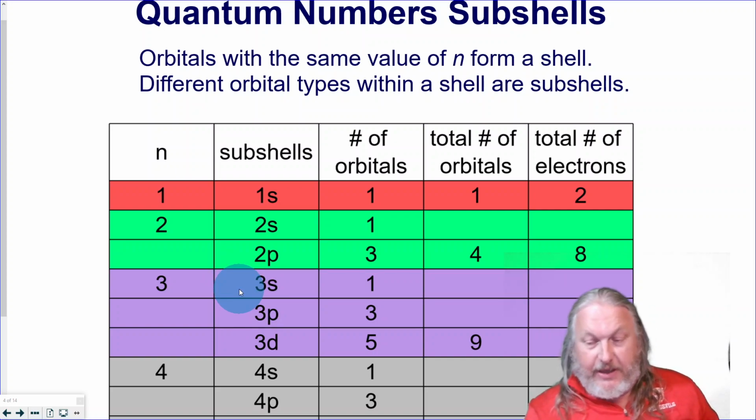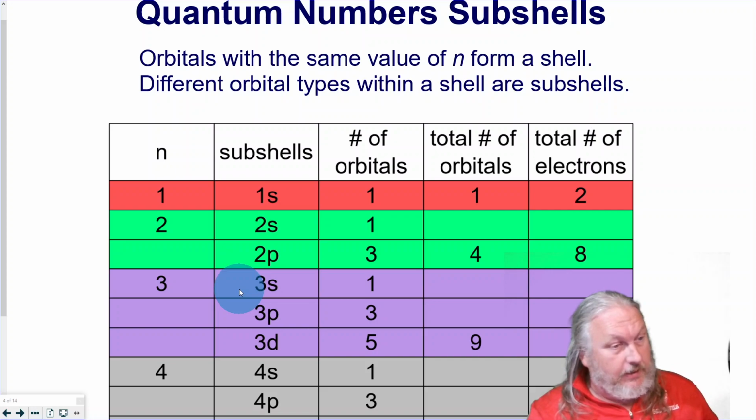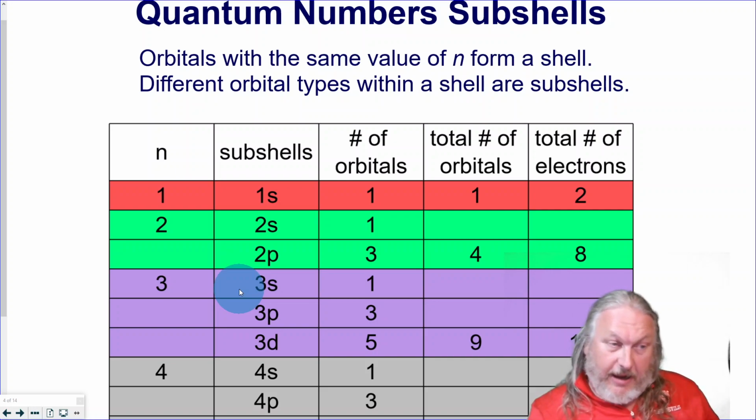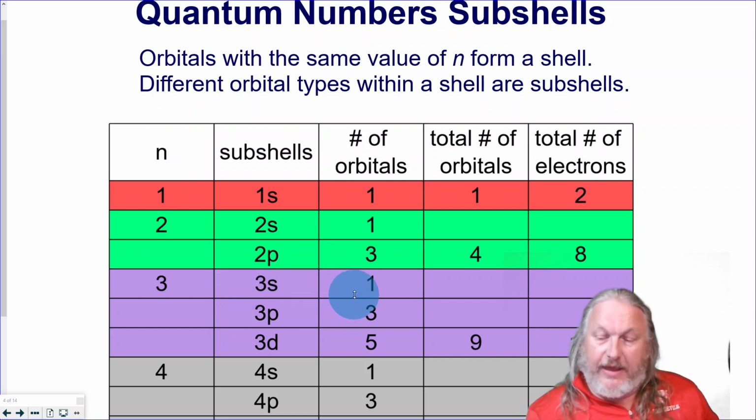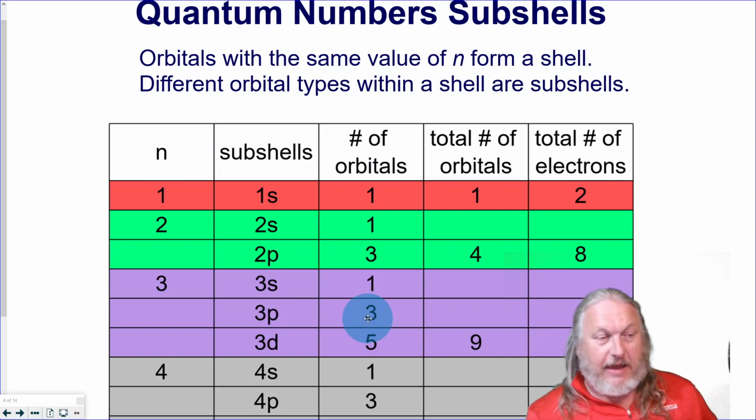Now, energy level 3, I can have 3 possible subshell types. I can have the 3s, the 3p, or the 3d. So, the 3s can have 1 orbital in it. The 3p can have 3 orbitals in it. And of course, the 3d can have 5.